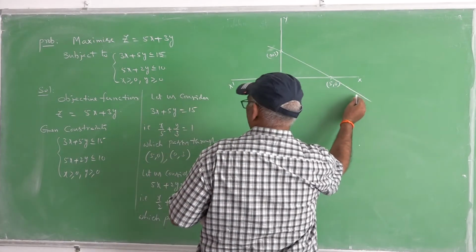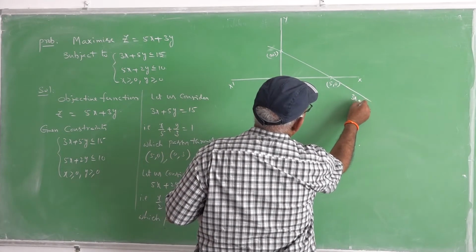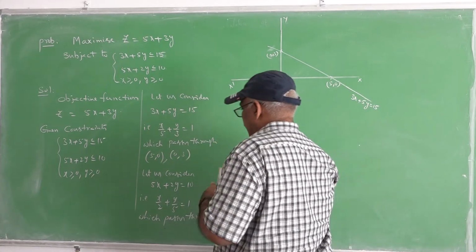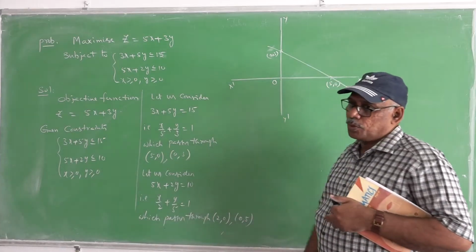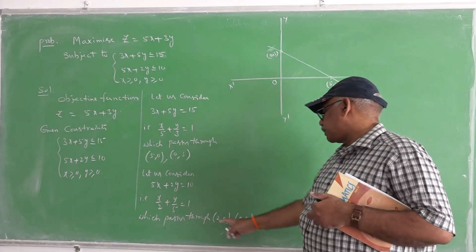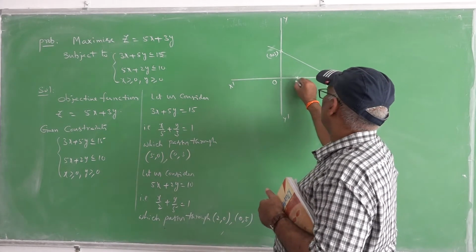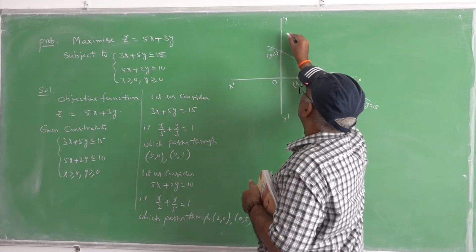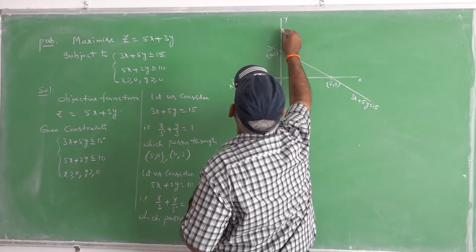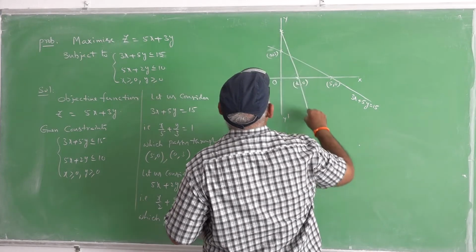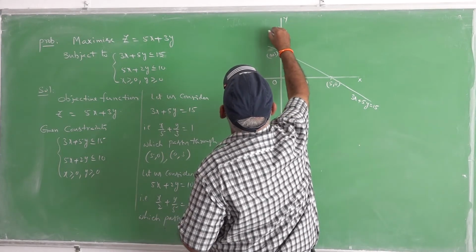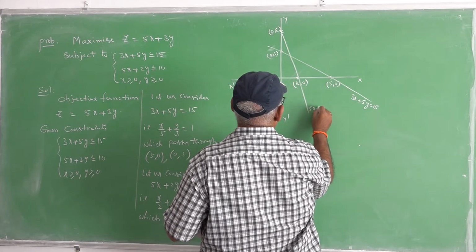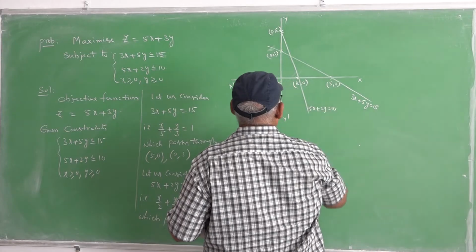This is the line given by 3x plus 5y equal to 15. Another line, 5x plus 2y equal to 10, passes through 2, 0 and 0, 5. This is 0, 5. This is the line 5x plus 2y equal to 10.